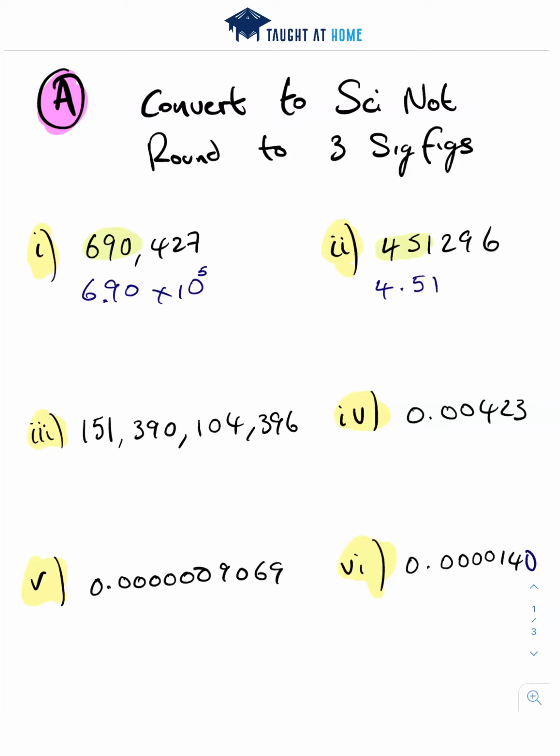Now we're going to do the same again. We're going to take the decimal point from here, and we've shifted it 1, 2, 3, 4, and 5 places again, so we're going to be times 10 to the 5 there. Okay, so take it slowly and hopefully you'll start to see the patterns here.